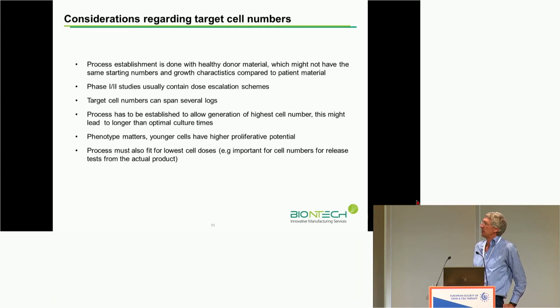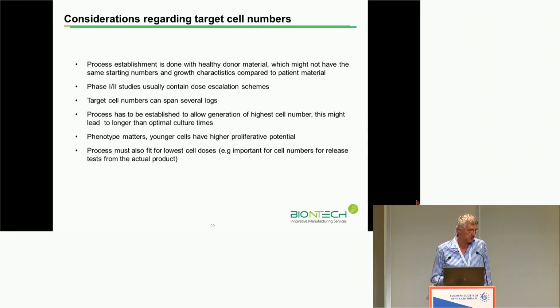Then, as I said already, phase 1 trials normally have a dose escalation scheme, and typically these goals are log numbers of cells. Maybe from 10 to the 6th to 10 to the 9th per kilogram patient weight.